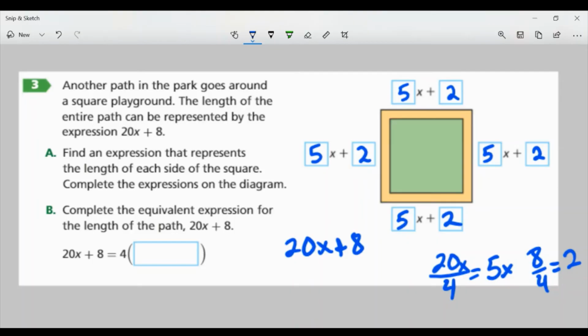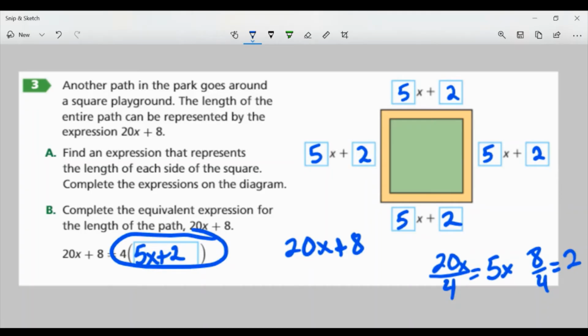Part B, complete the equivalent expression for the length of the path, 20x plus 8. So in this one, we're factoring it out, right? We have a 4 on the outside because there's 4 sides, and each side is 5x plus 2. Okay? This is factoring.